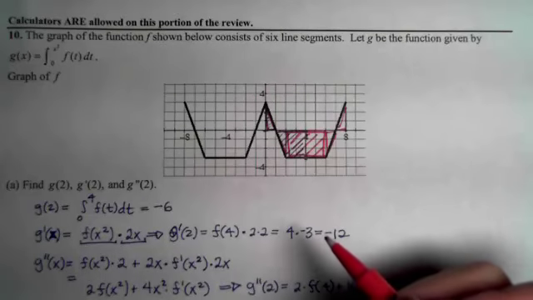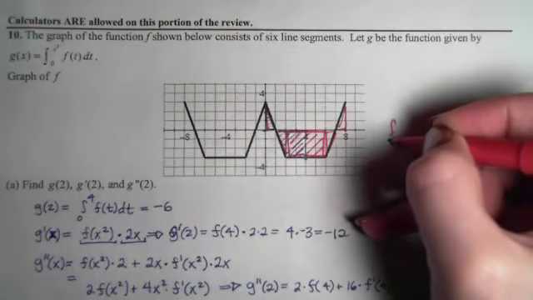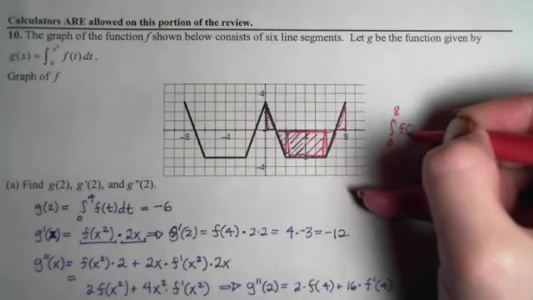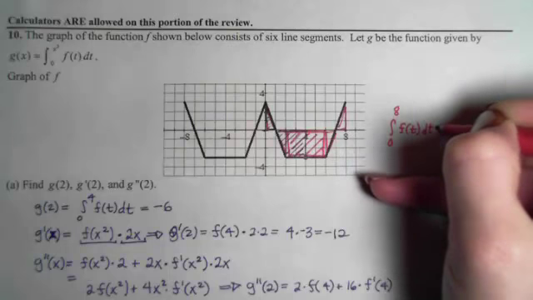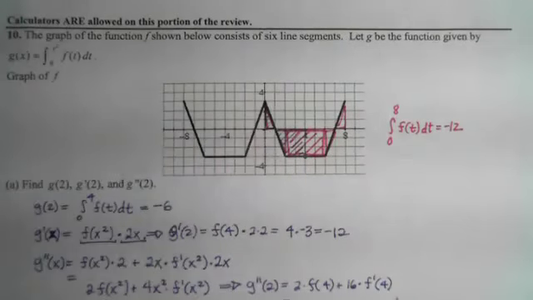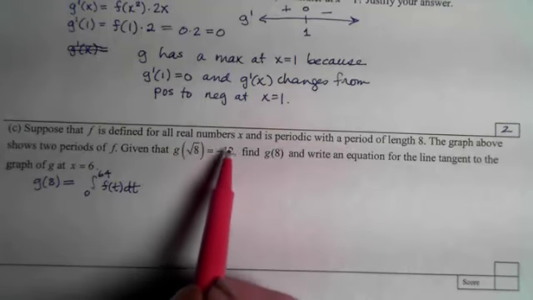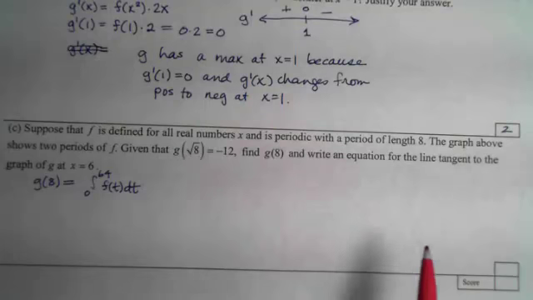So we know that accumulating from 0 to 8 is going to give me negative 12. So that 8, if we took the square root of it, would give me that root 8. So g of root 8, there's where that negative 12 is coming from.